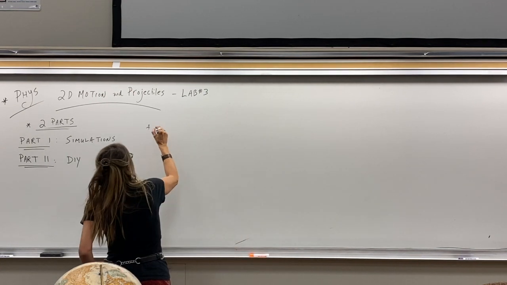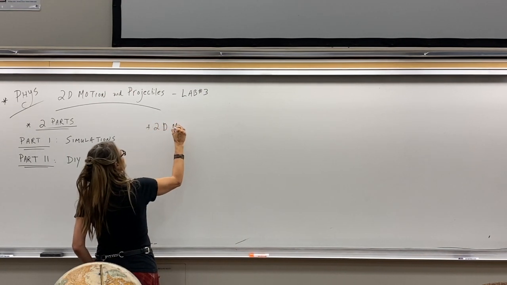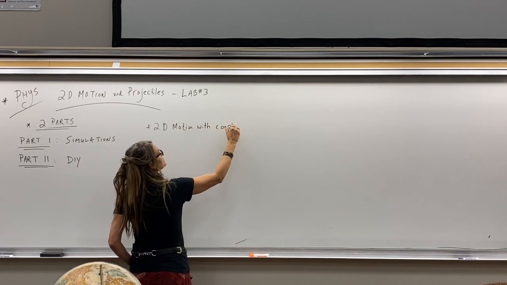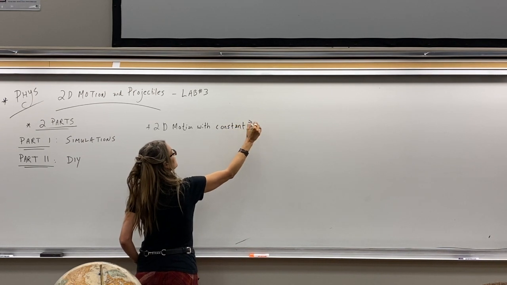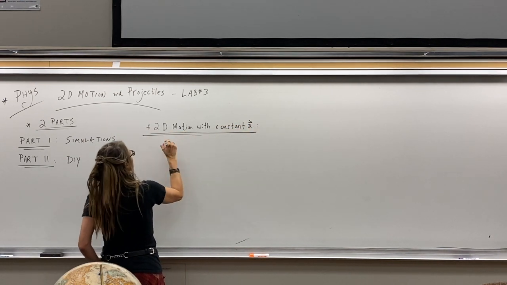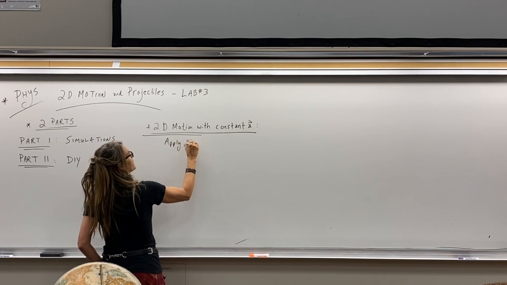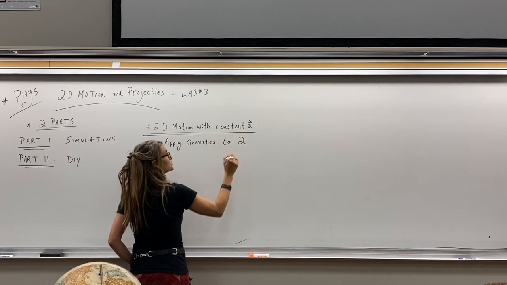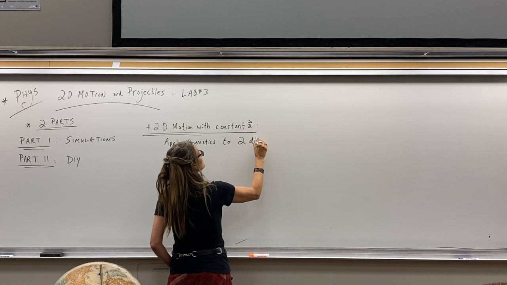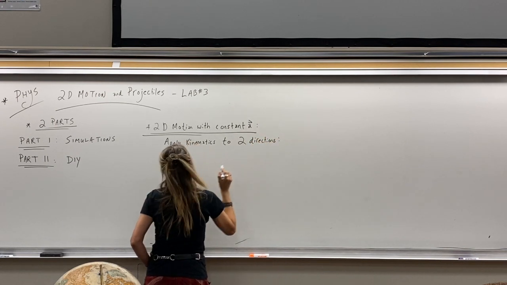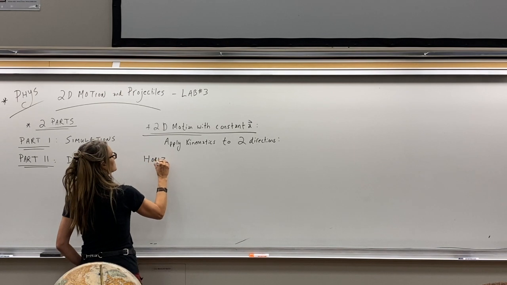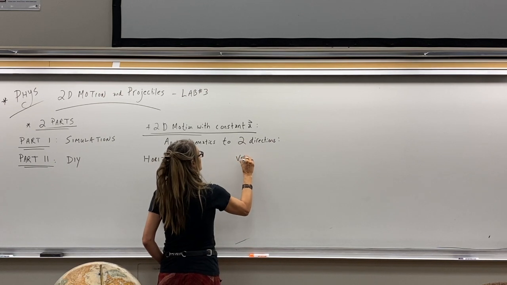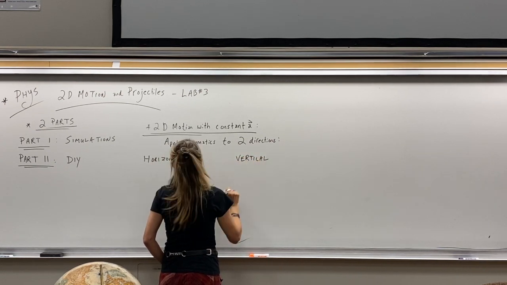So what we want to look at is 2D motion in general with constant acceleration. We apply kinematics to two directions, which are going to be our horizontal components of motion and our vertical components of motion.